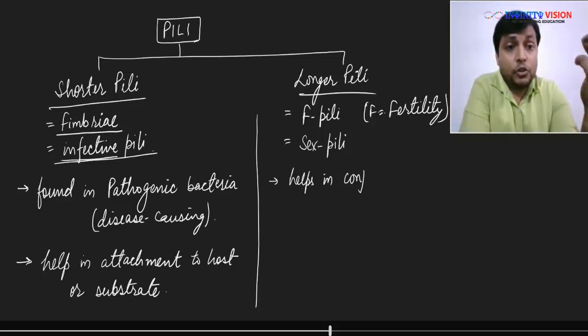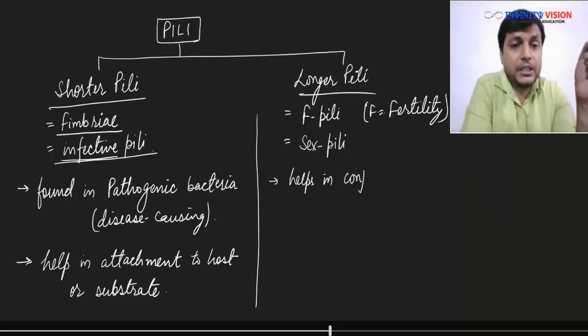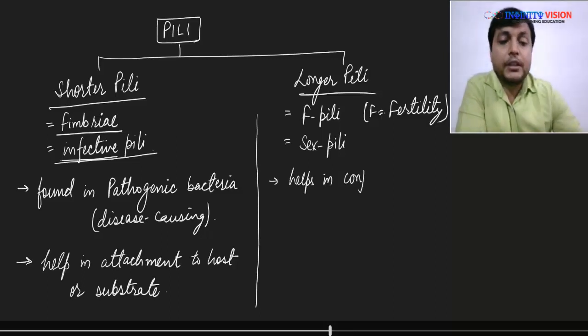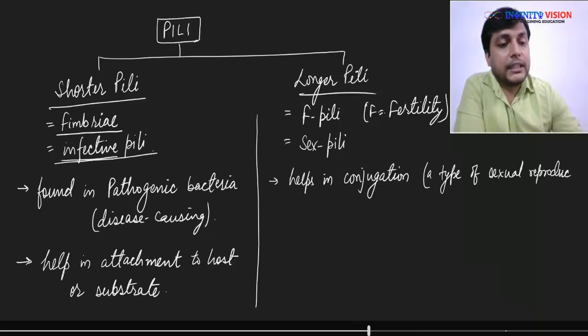Okay, and in conjugation, this exchange of genetic material takes place, and hence it is considered as one of the modes of sexual reproduction. Okay, and sex pili helps in conjugation. That's why it is helping in sexual reproduction. Sex pili or F pili or F factor. So it helps in conjugation, a type of sexual reproduction.